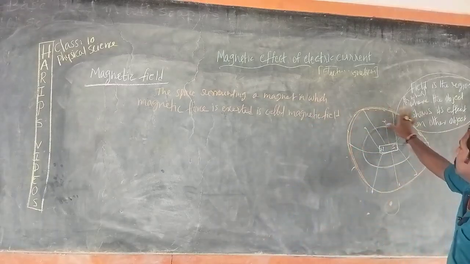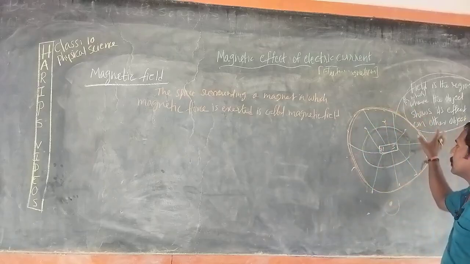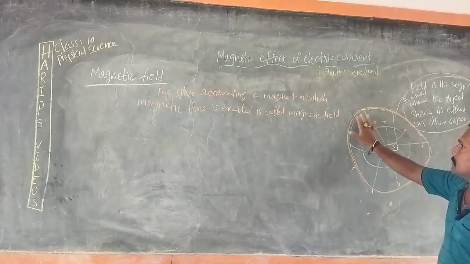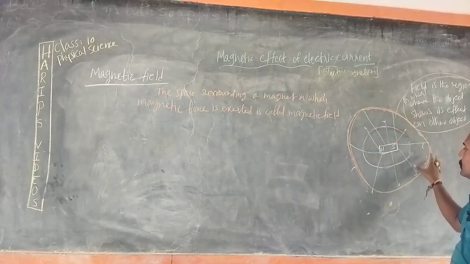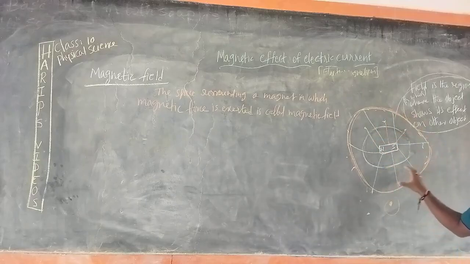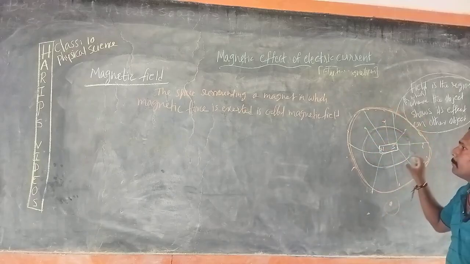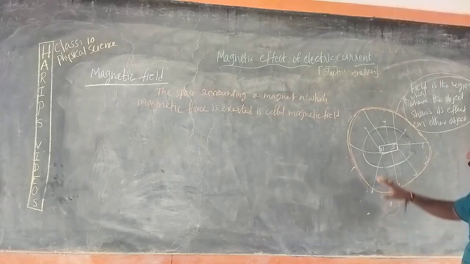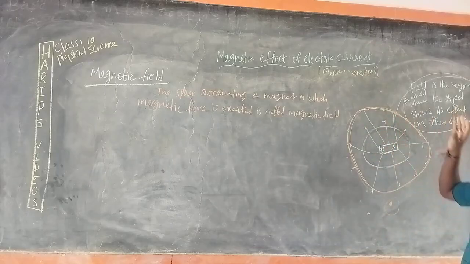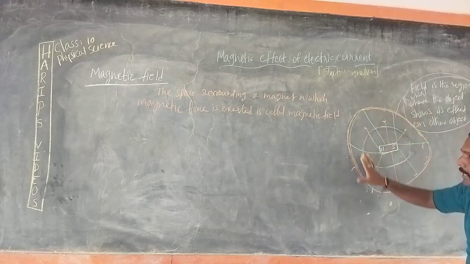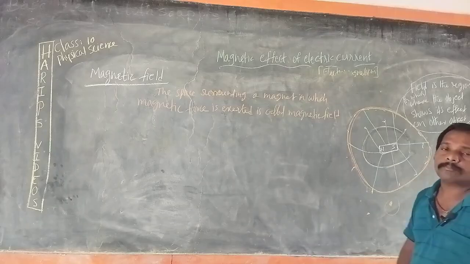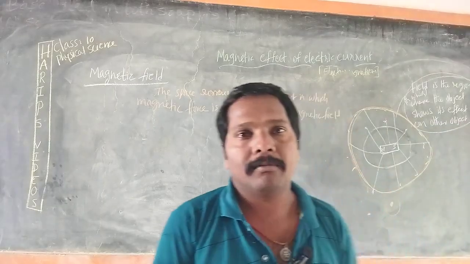Means within this region or within this surrounding. So the space surrounding a magnet in which magnetic force acts, magnetic force is applied, that region, the space, surrounding place, you can call as magnetic field.